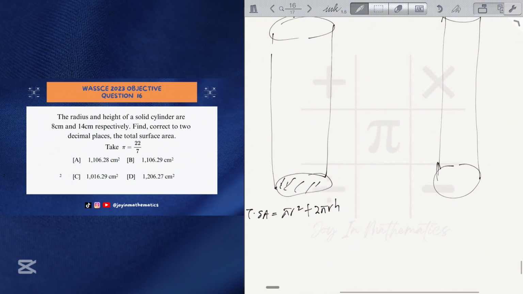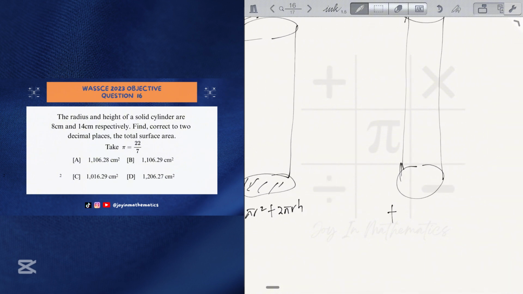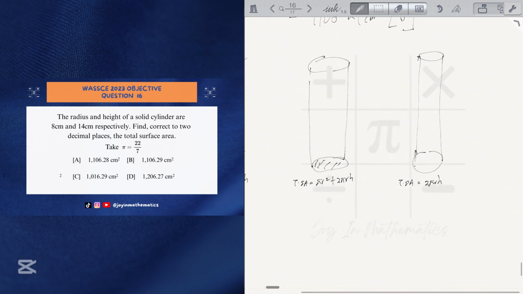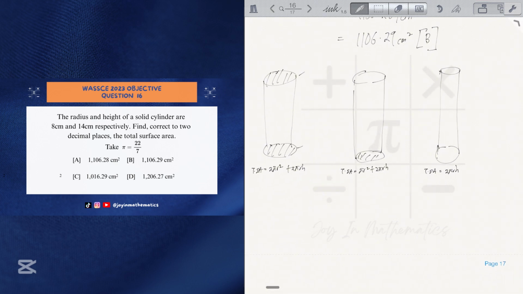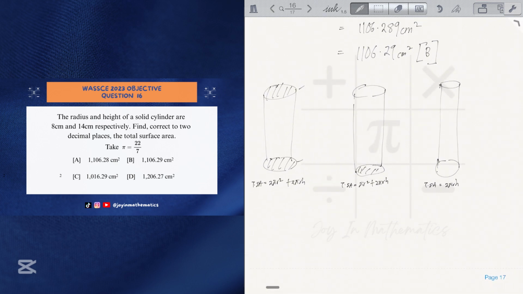And in this case, there is no circle embedded in it, because it is open at both ends. So that means the surface area is just 2 pi r h. So whatever question we see, we should be able to apply the right answers.